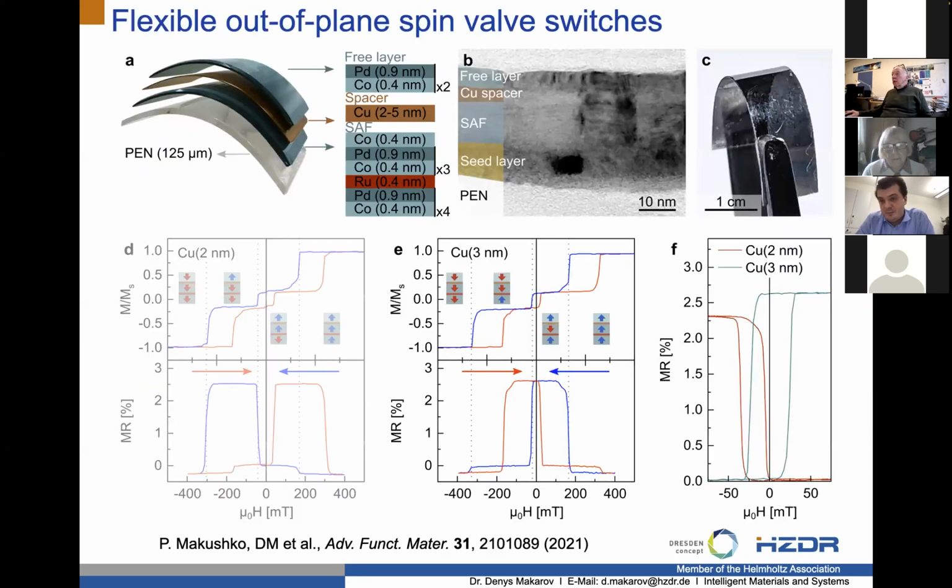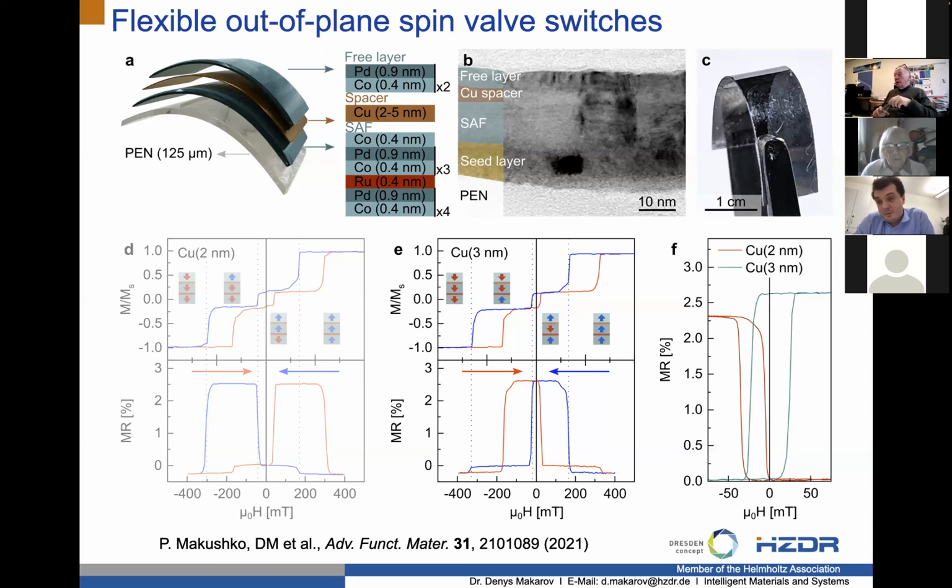And it means that you can simplify the design of circuits using such curved magnetic spin valve sensors, which can take a lot of logic, so basically the decision-making process, in a simple metal stack which is curved on the foil. So what you see here is a standard stack of synthetic antiferromagnet, which is put together with an out-of-plane spin valve. So you have a copper spacer layer separating the pinned reference layer and the free magnetic sensing layer.